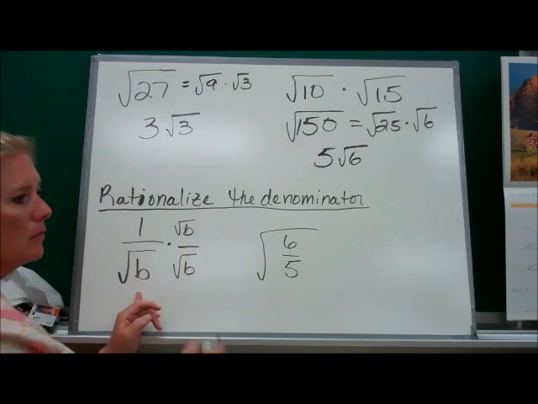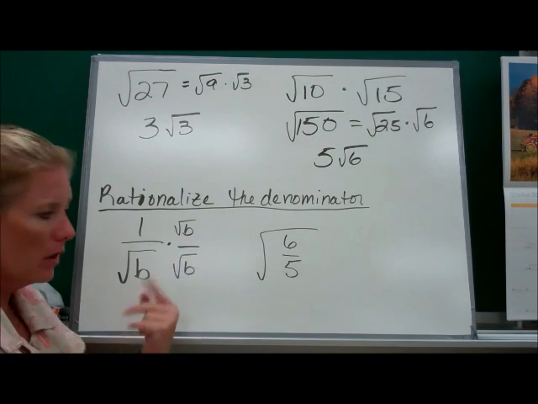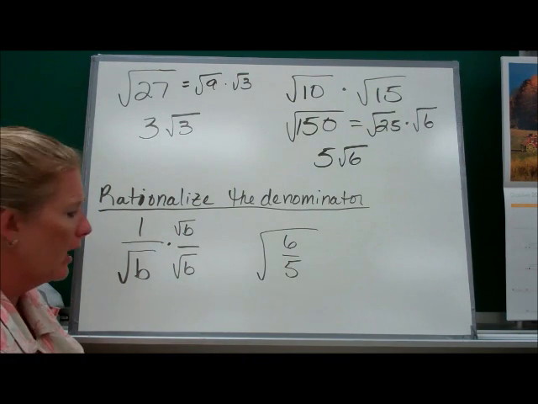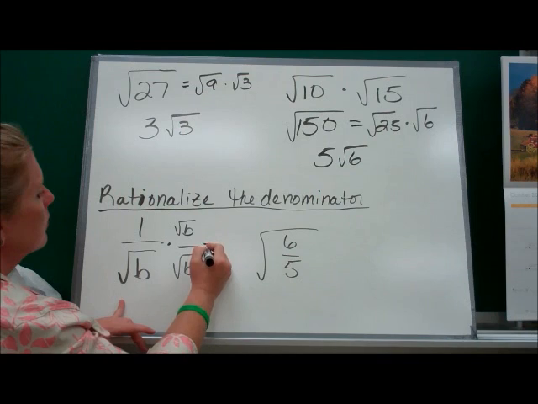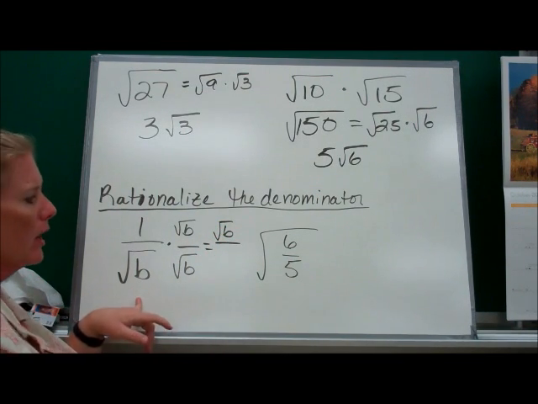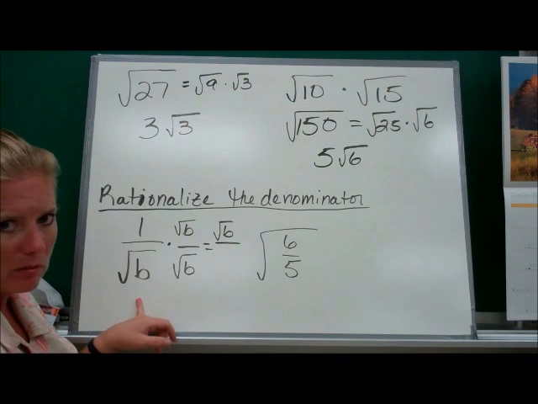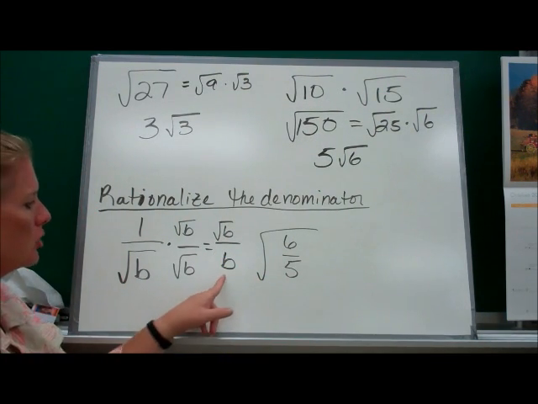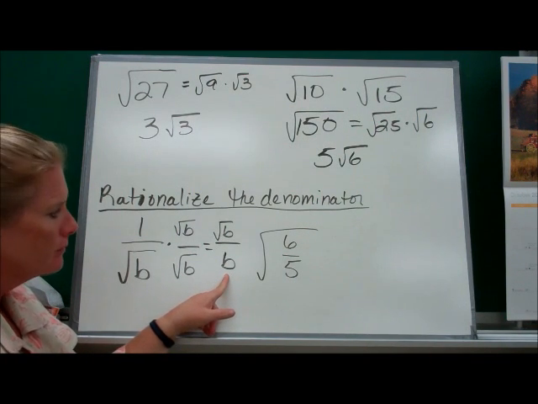Multiply the top and the bottom. So technically, we're multiplying by 1. So we're changing what it looks like, we're not changing the value. When we do this, we get the square root of b over the square root of b squared. What is the square root of b squared? It is just b. We've rationalized the denominator.